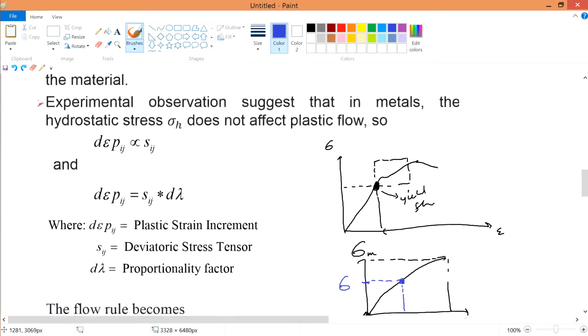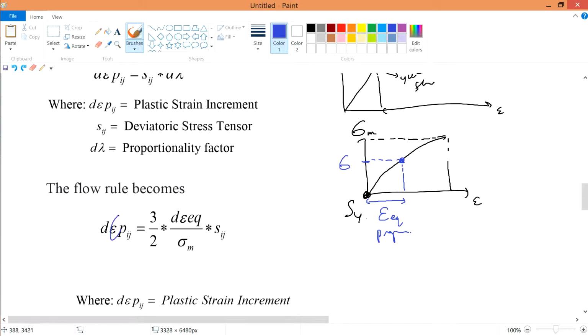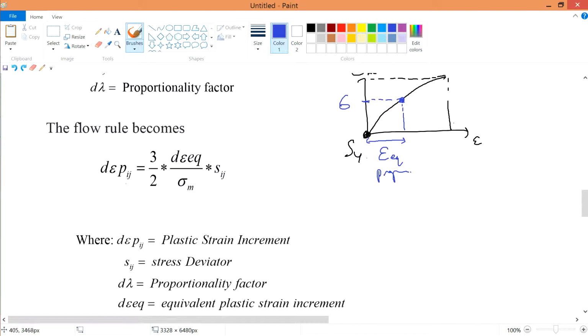This equivalent strain helps you to calculate your strain. This is the strain of your particular point. We call this the plastic strain increment. How much strain have you increased? You are actually interested in how much strain you have increased.